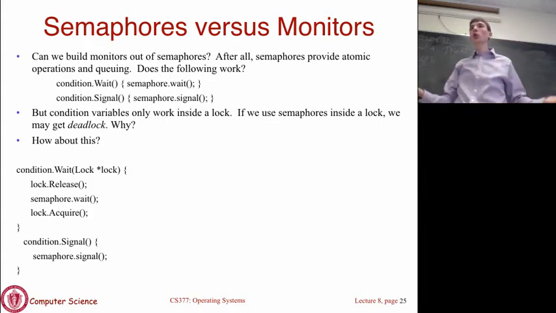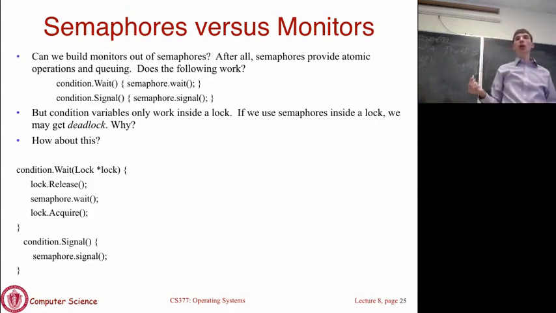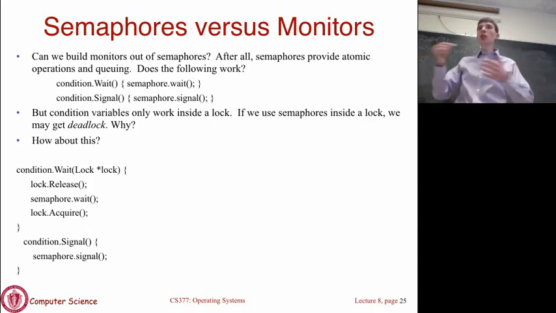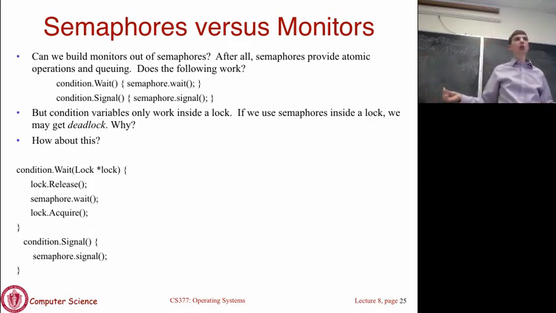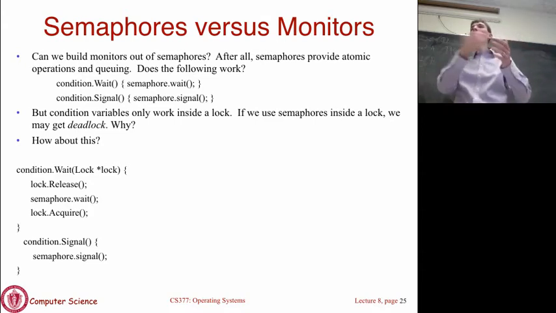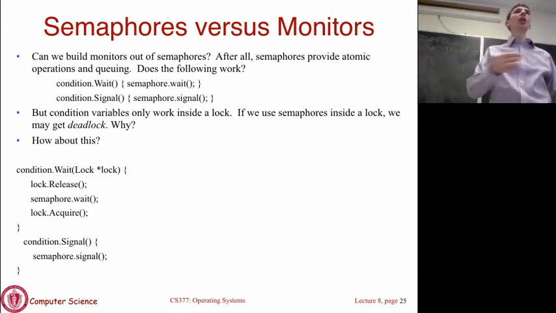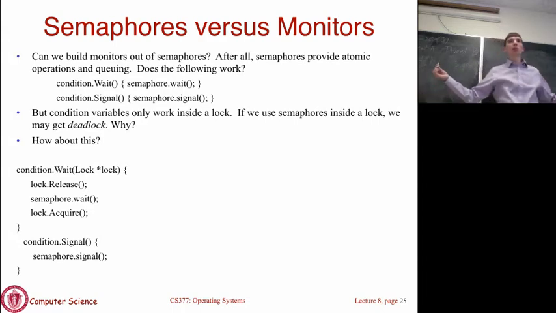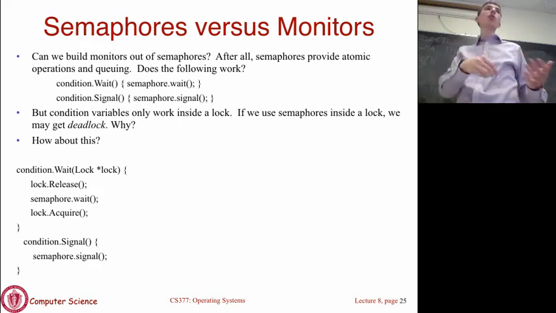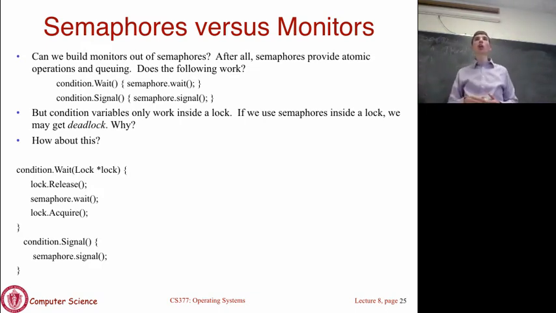Right, and every time you call signal, right, so if you're adding 1 a bunch of times and subtracting 1 a bunch of times, does it matter sort of the order you do those? I mean, it may matter while the things are executing, but like at the end of it all, right, the semaphore value is always going to be the same. You're incrementing and decrementing, but ultimately, you're going to have the same result.